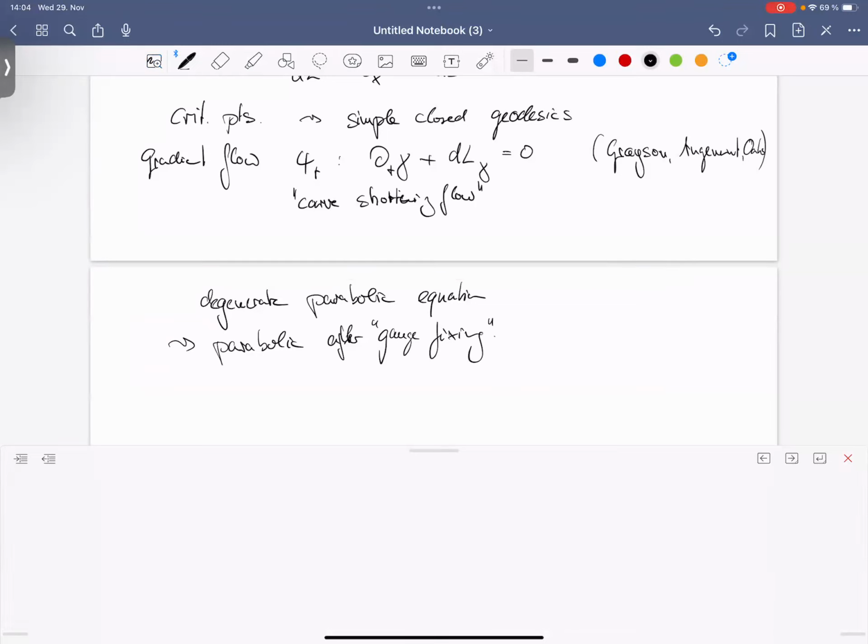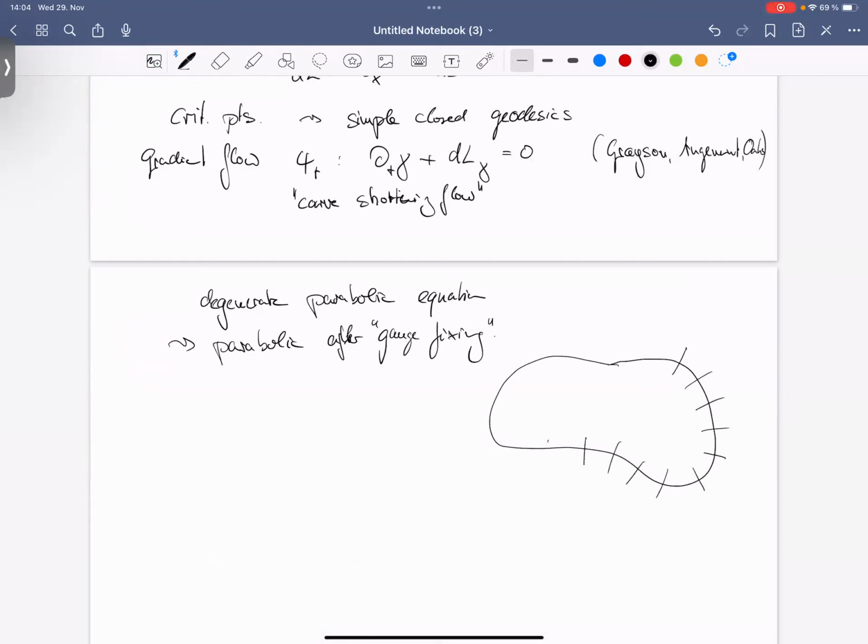So what you do is you simply take your embedding in which you want to start your flow, and you write every neighboring curve as a graph over your curve, where the function is given by in which direction you go in the unit normal direction. Yeah? So any neighboring curve would look like this. And then if you do this, you get really a parabolic equation.